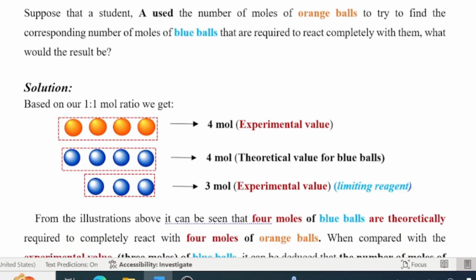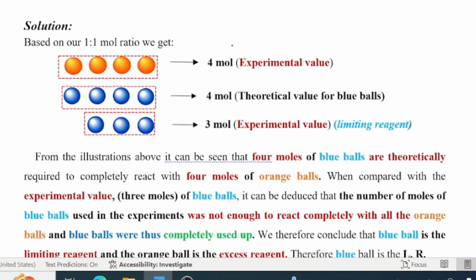So let's go back to this one again. In that illustration that I showed you there, you're using 4 moles of orange balls. We'll call that the experimental value. In theory, for all of these to be completely reacted upon, I would have needed 4 moles of blue balls. So we call that a theoretical value, okay?